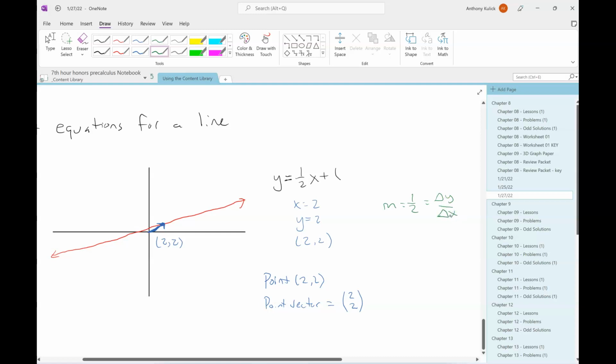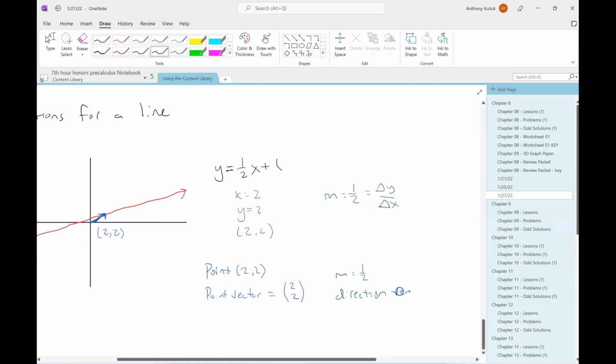So instead of slope in vector land, we're going to talk about a direction vector. Now, if I look at my slope of 1/2, what part is the x part? 2.